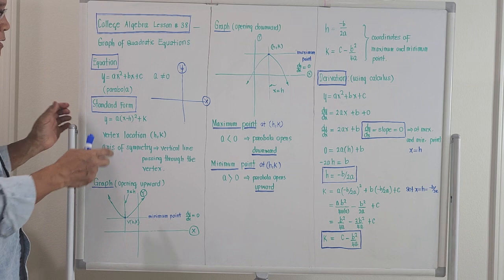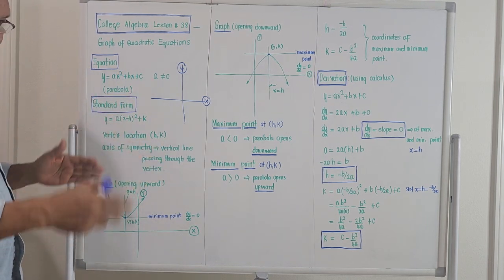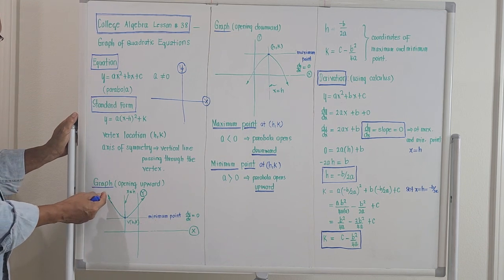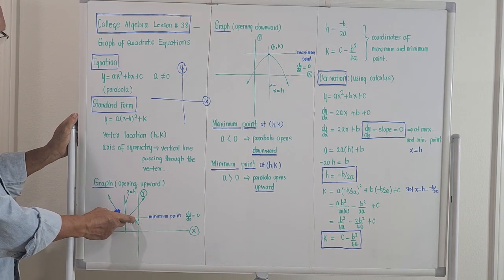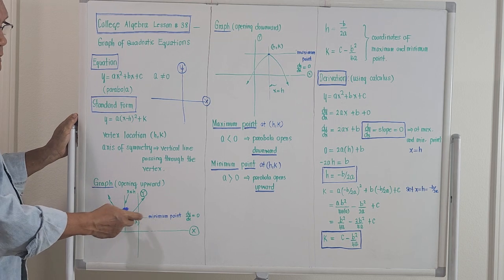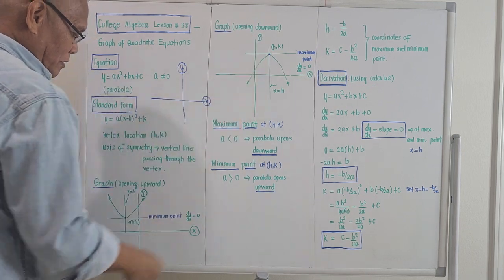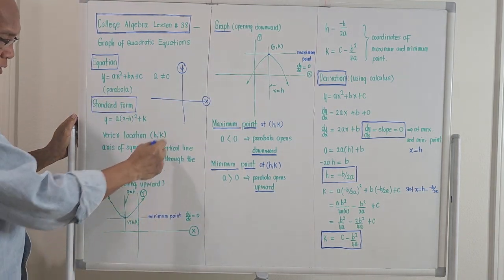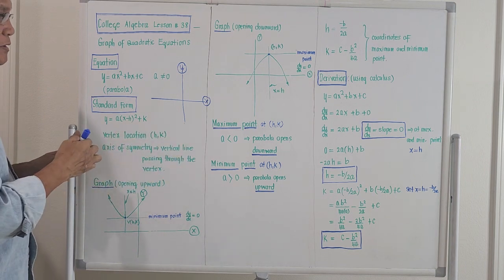If we graph this equation, there are 2 variations. This is a parabola that opens upward, and this is a parabola that opens downward. The one that opens upward is the variation of the San Francisco Bridge.